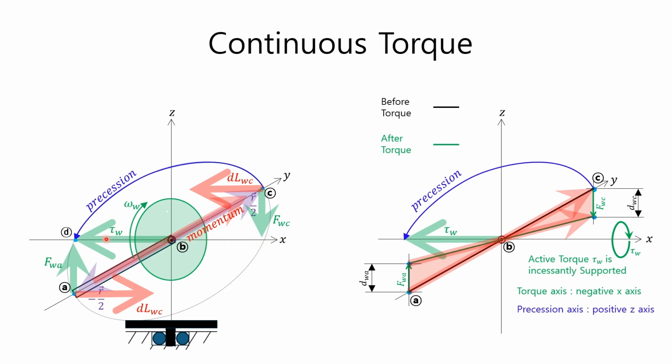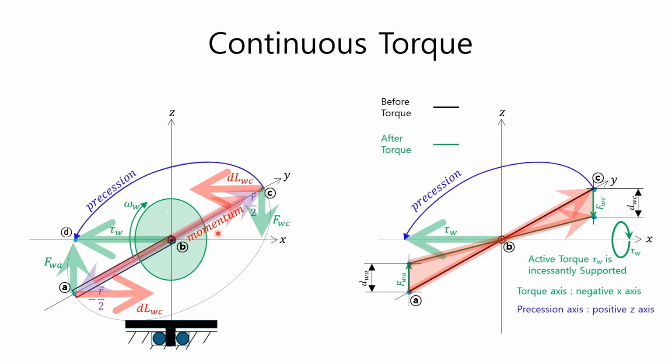The momentum axis coincides with the rotation axis of the gyroscope, so it is the positive y-axis. Therefore, the direction of the infinitesimal angular momentum dL_WC is perpendicular to the angular momentum axis and parallel to the torque axis, the negative x-axis.